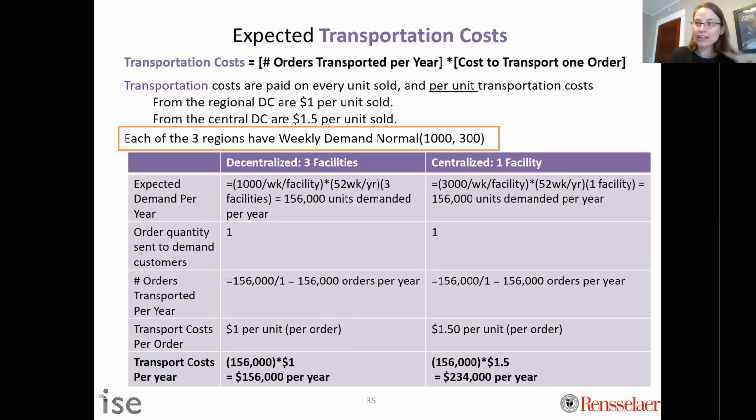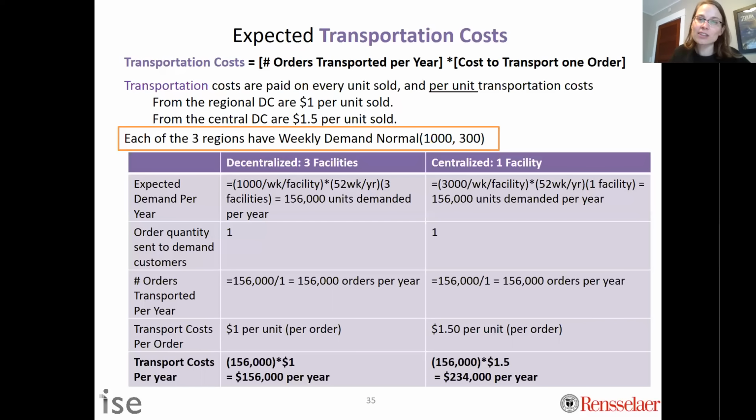That is usually the case because, again, the distance, the last leg to your customer, is larger in a centralized system than a decentralized one. And so if you have really high transportation costs, if you have small order sizes, or if you have lots and lots of demand, transportation costs can easily make up for any savings in inventory.